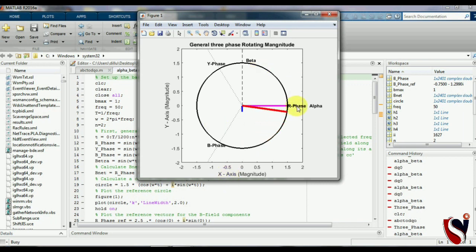So the rotating vectors are associated with these 2 quantities only, not the 3-phase. Here you can see the 3rd phase is 0, and these 2 quantities alone control the red line, and it shows the alpha and beta values here, and these 2 quantities alternately change the values. So this is all about alpha beta.